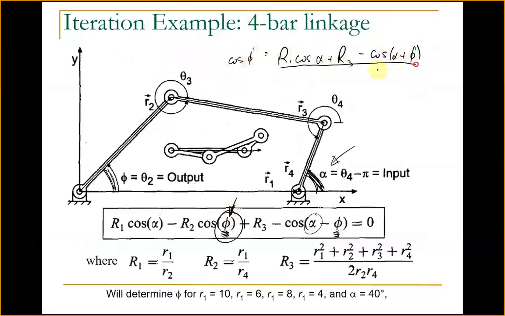So this would now be divided by R2, and therefore I would just say phi is therefore equal to the R cosine of all of that.